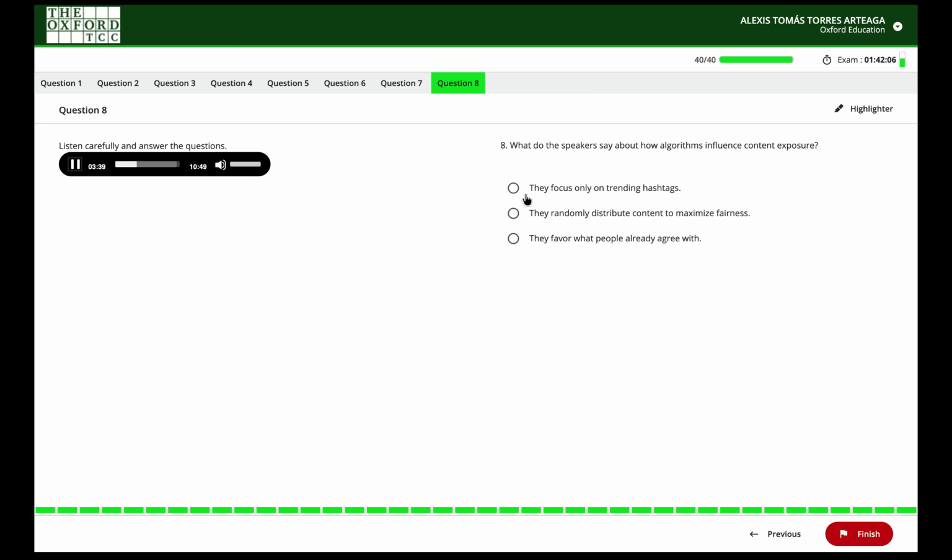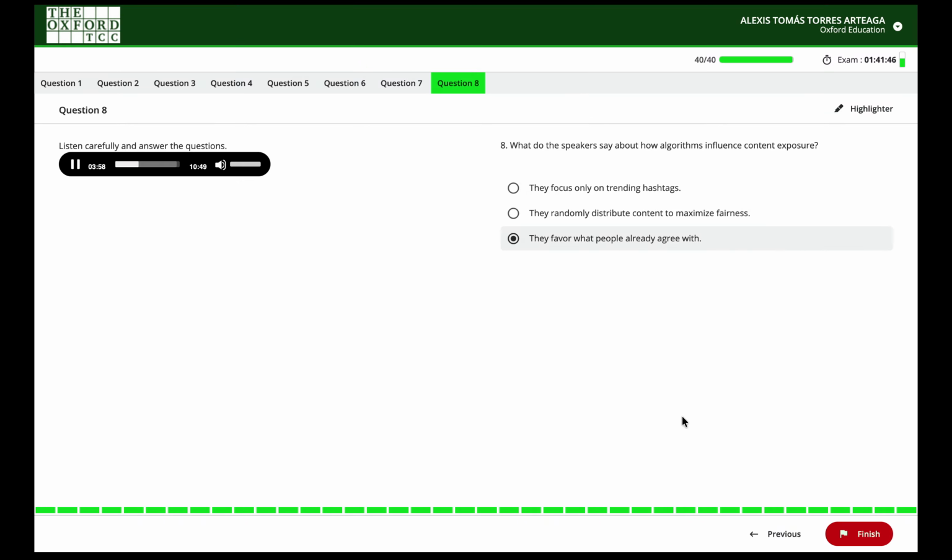Yes, that's a huge issue. The algorithms are designed to show people content they're more likely to agree with, which means we're all living in our own information bubble. And part of that confusion stems from the algorithms themselves.